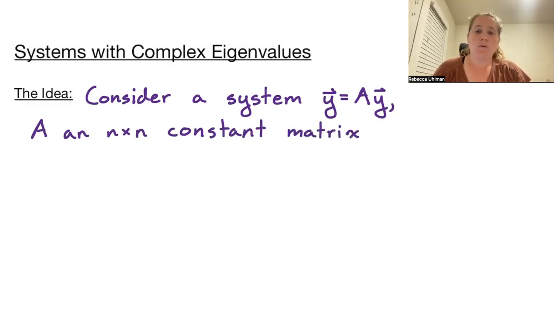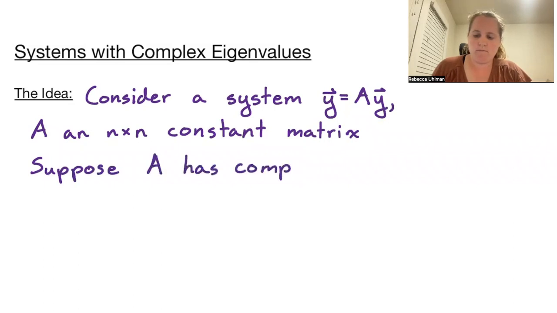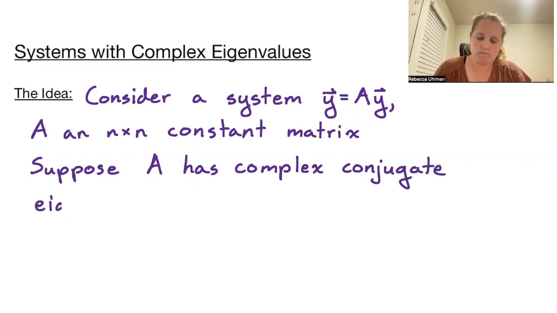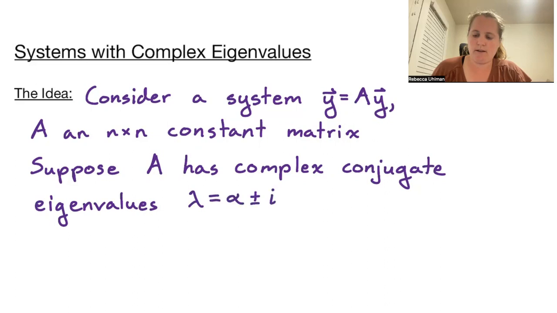And let's suppose that A has complex conjugate eigenvalues. Lambda equals alpha plus or minus i times beta.